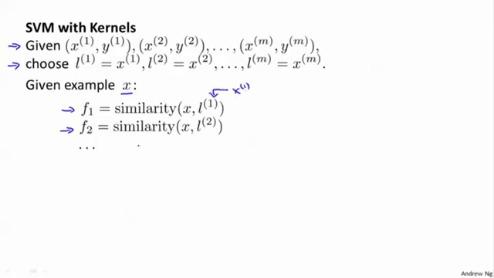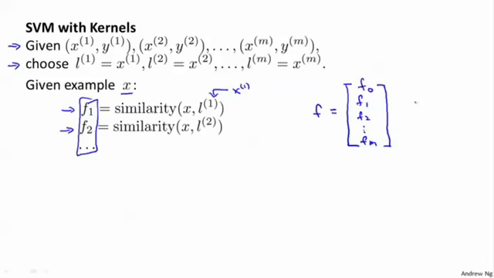And these then give me a feature vector, so let me write F as a feature vector. I'm going to group F1, F2, and so on into a feature vector that goes down to Fm. And just by convention, if we want, we can add an extra feature F0, which is always equal to 1. So this plays a role similar to what we had previously for x0, which was our intercept term.